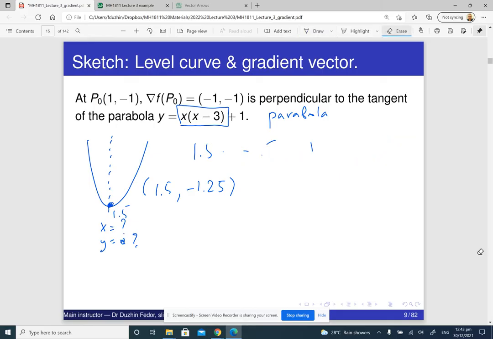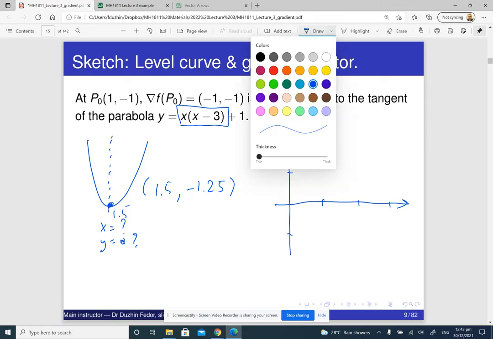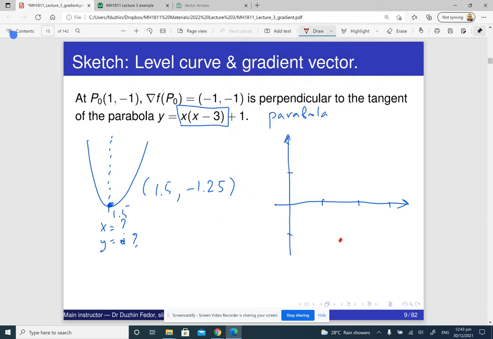What remains to plot is, let me sketch the coordinate axis. So 1, 2, 3, and 1, 2. Let me use a different color. The apex of the parabola is somewhere here. What is the y-intercept? What if x is 0?